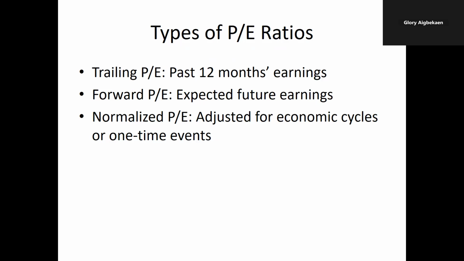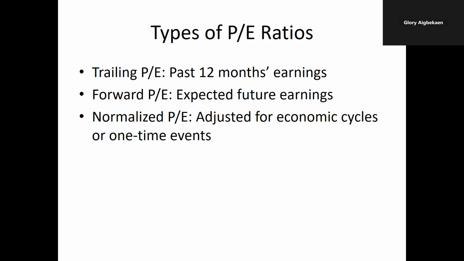In the case of trailing, the E is the earnings per share for the last 12 months. When you calculate the earnings per share for the last 12 months, you get the E. In the case of forward, the E is forward looking. We are not calculating the past, we are now forecasting the future. So when you get the expected future earnings for the next 12 months, that is the earnings you use in the case of forward.